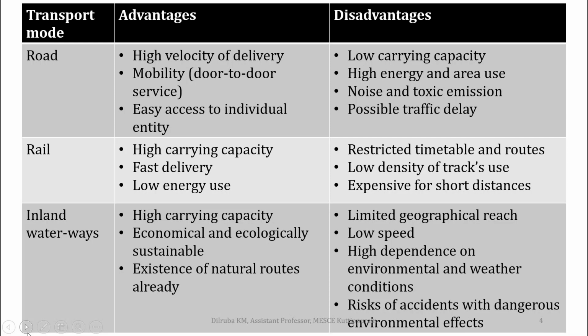If we consider the movement of a particular item over a short distance, it is comparatively more expensive than the road mode. If we use road mode, we can deliver that item less expensively just for short distance. But for long distance, railway is much more economical.